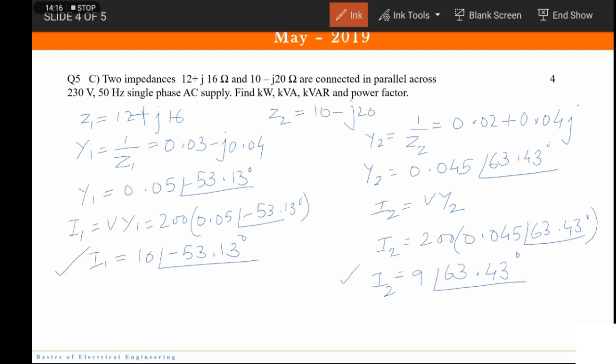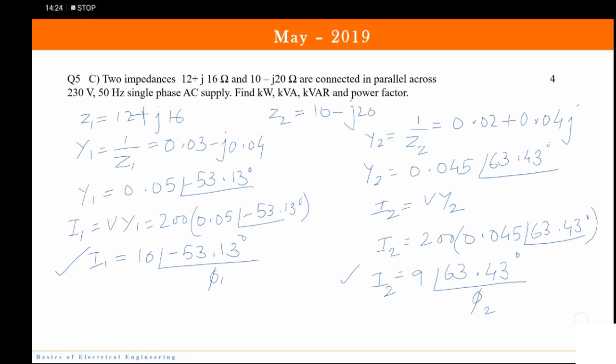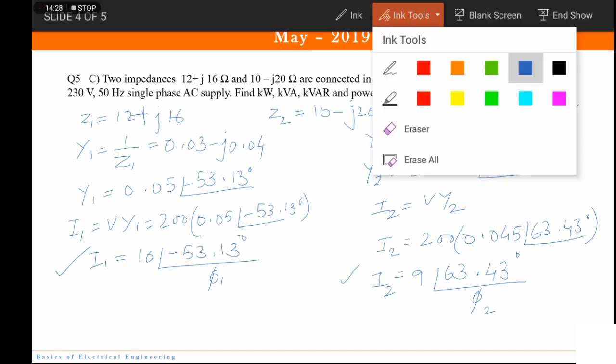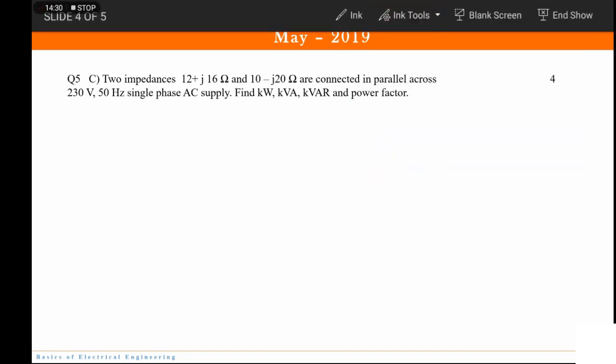So now, see, this is phi 1 and this angle is phi 2. What is going to be the next step? We will be calculating the power factor. In order to calculate power factor, we require phi 1. So for the first part, the power factor is cos phi 1, and for Z2 the power factor is cos phi 2.